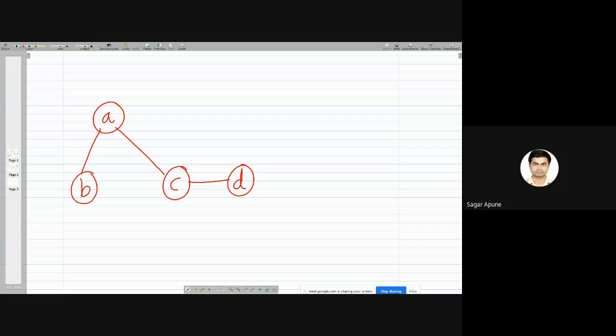We can call it G. My graph G can be defined as a set of 2 elements, that is vertices and edges.